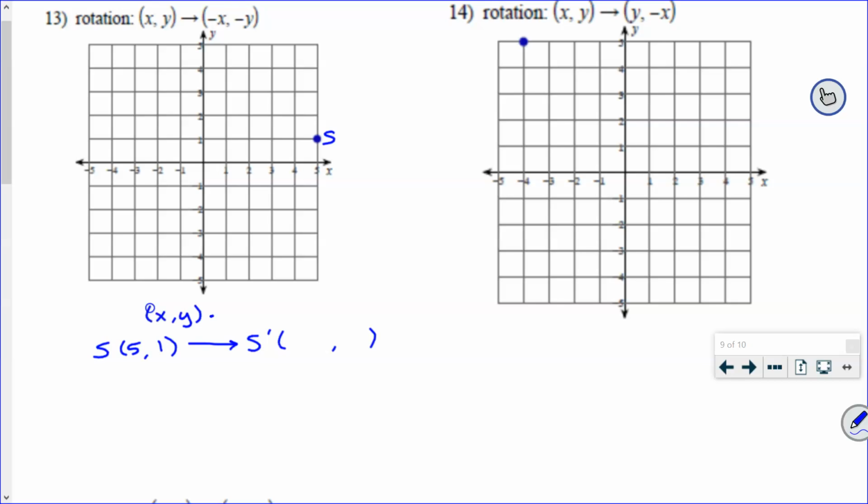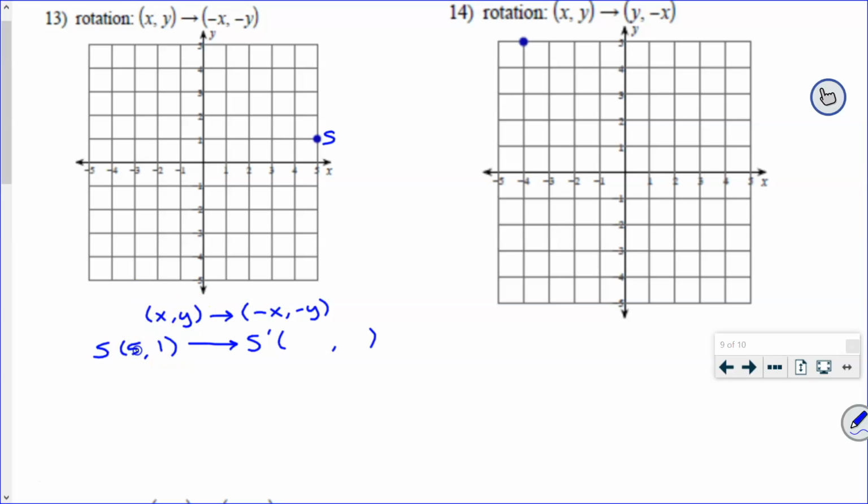And so rewriting that rule right here, xy goes to, again, I would say this, opposite x and opposite y. It's not negative x and negative y, it's whatever x is, it goes to its opposite. And whatever y is, it goes to its opposite. So xy goes to opposite x, opposite y. And so x goes to opposite x.